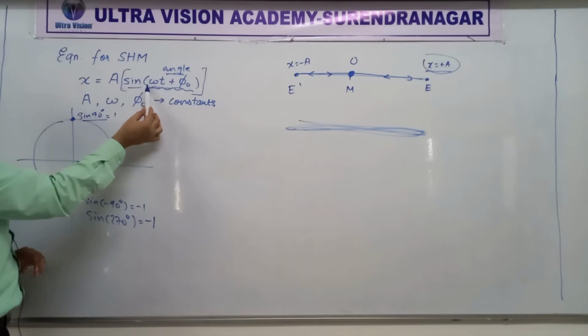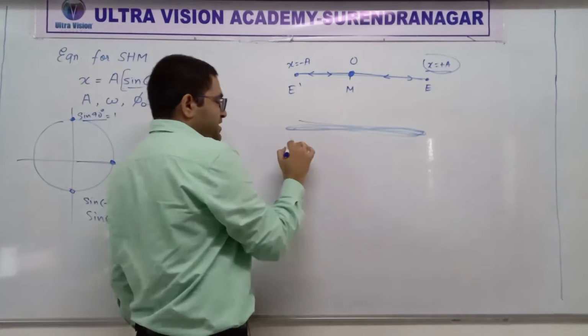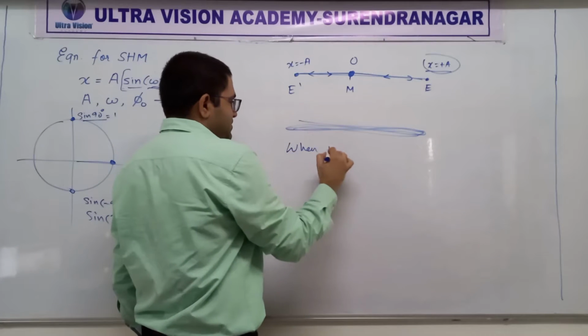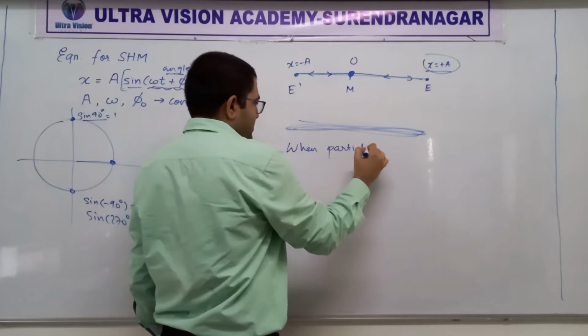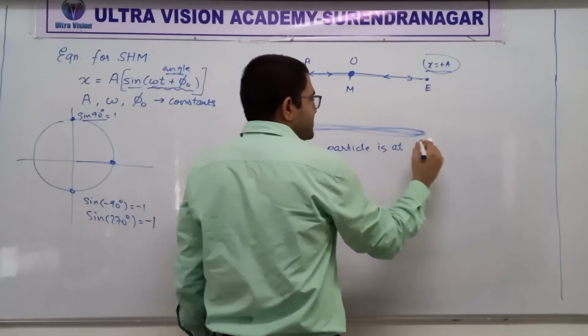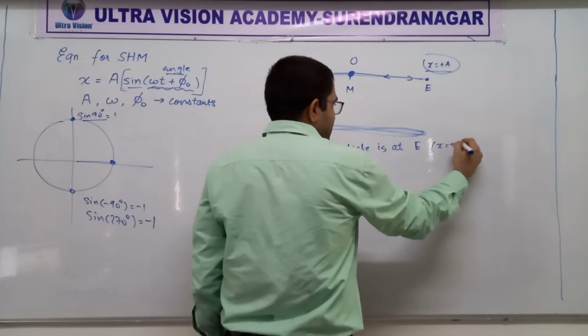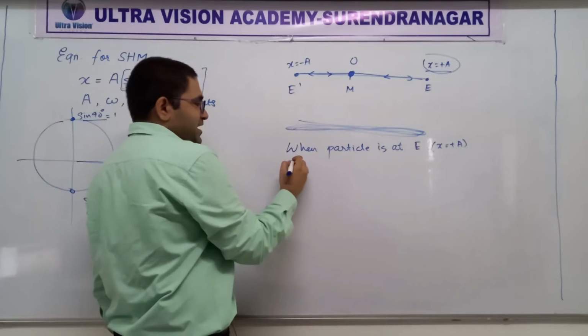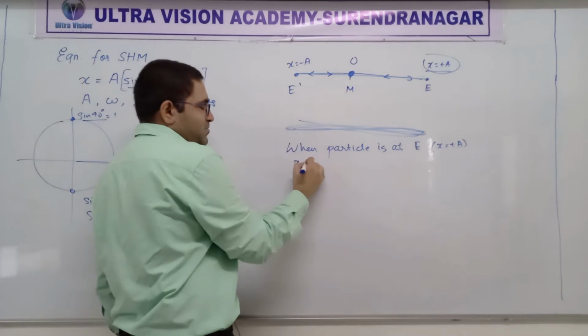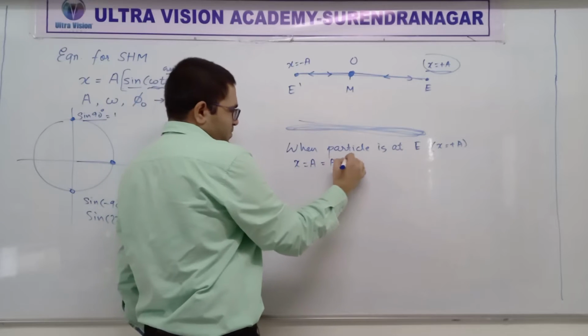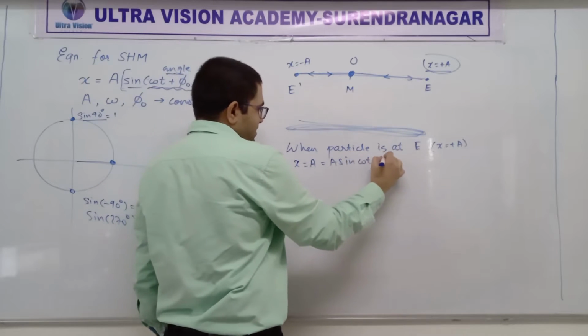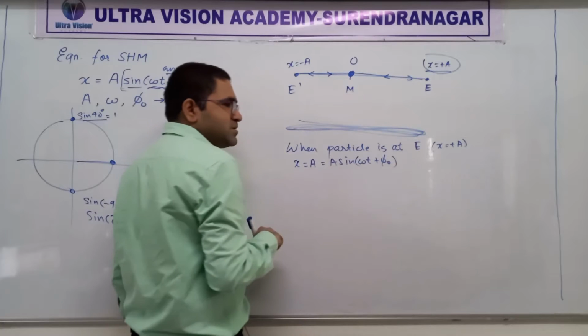Is that fine? Right? So that is when particle is at E. E, that is what? x equal to plus a. Do you realize that we should have x equal to a, which is equal to a sine(omega t plus phi 0), right?